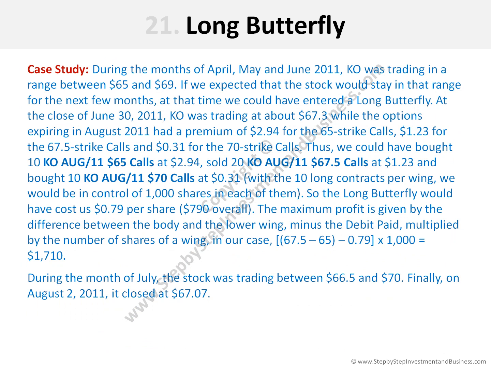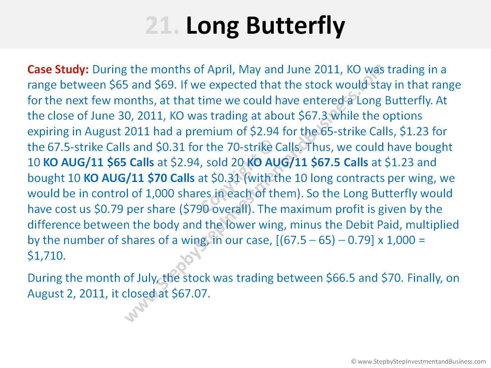At the close of June 30, 2011, Coca-Cola was trading at about $67.3, while the options expiring in August 2011 had a premium of $2.94 for the 65 strike calls, $1.23 for the 67.5 strike calls, and 31 cents for the 70 strike calls.